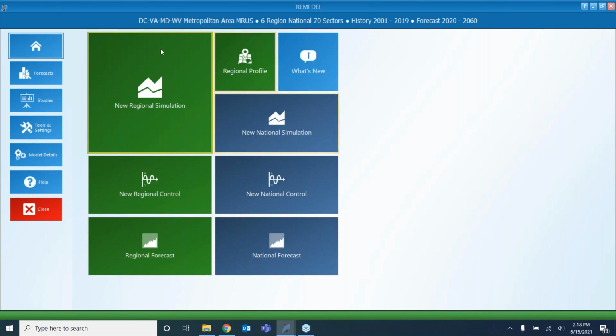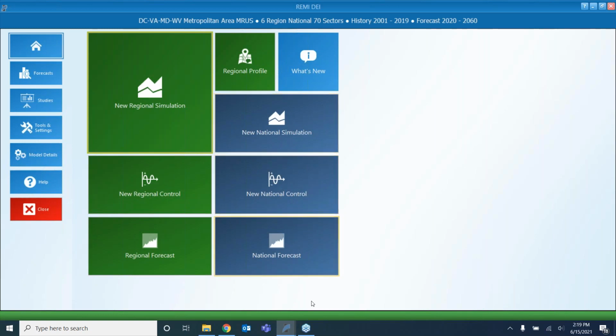And you can see that this is a DC, Virginia, Maryland, and West Virginia metropolitan area 6-region model. We are using a 70-sector model as well, so that describes the level of industry sector detail that we'll be able to go into here. But this is the landing page, the sort of intuitive interface from which you can model different policies and projects in the REMI model.